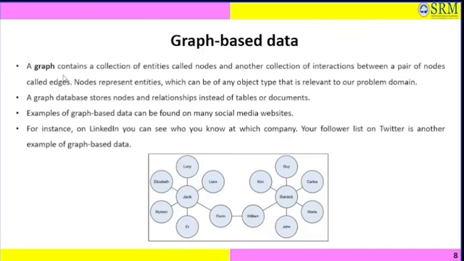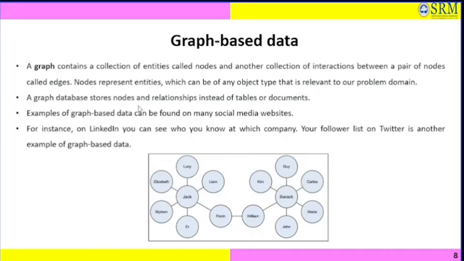Graph-based data. A graph is nothing but a collection of entities called nodes and a collection of interactions between a pair of nodes called edges. These round ones are called nodes and this line is called an edge. Nodes represent entities which can be of any object type that is relevant to our problem domain.